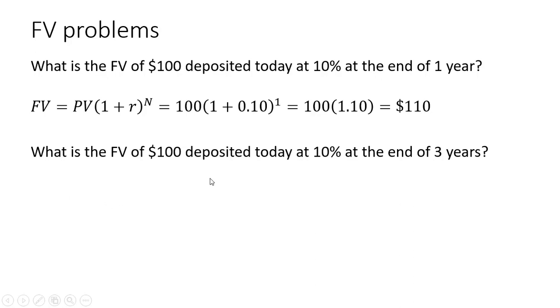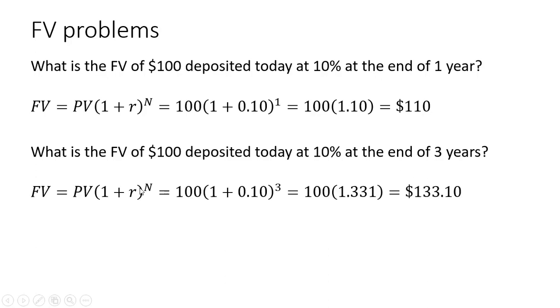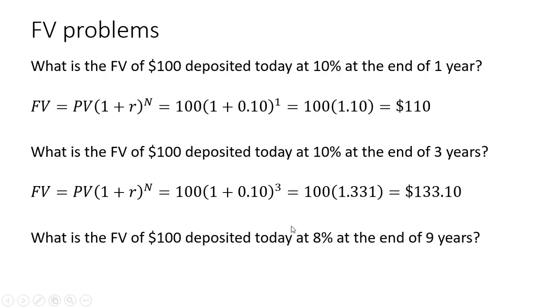Example 2. What is the future value of $100 deposited today at 10% at the end of 3 years? So the main change here is that our N now is 3. So 1.1 raised to the third power is 1.331. Multiplying that by 100, we get our value here of $133.10.